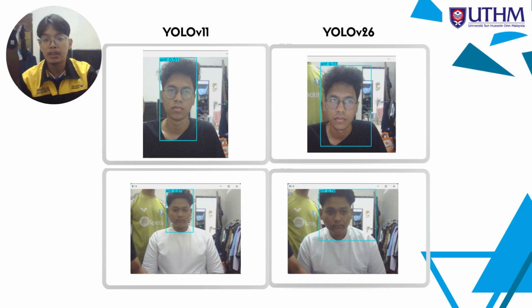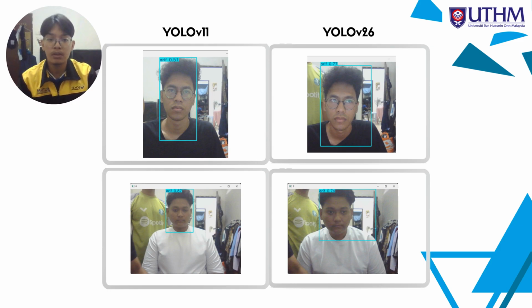The next subject is Hamizan. In YOLO V11, the output locks onto Hamizan's face, but again misclassifies him as Arif with confidence 0.87.